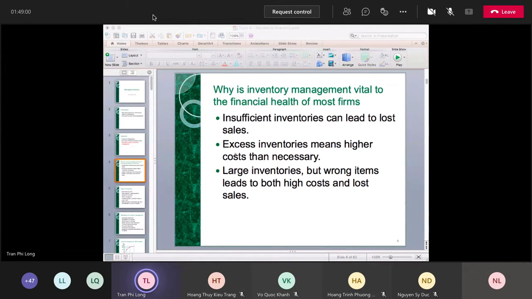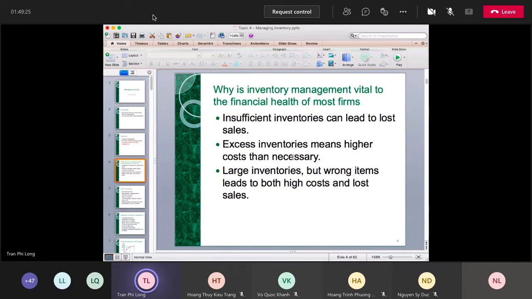Basically, this chapter is easy, so we have a lot of blank slides, so you may need to write. So basically, if your company doesn't store enough inventory, it can lead to the lost sale or lost customer.